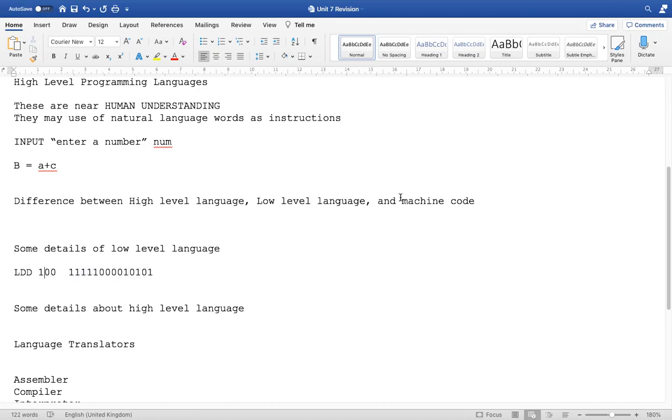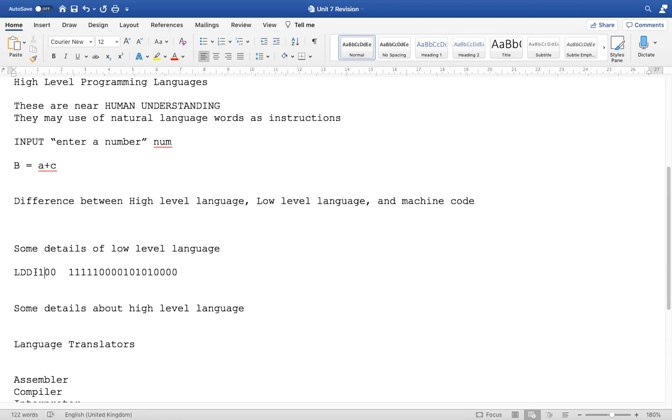So for example, let's say this is 1, 2, 3, 4, 5, 6, 7, 8. The first 8 bits represent this, and the remaining bits, whatever they are, represent the operand. Say I have this LDD 100, don't worry about this not being exact, I'm just giving an example.